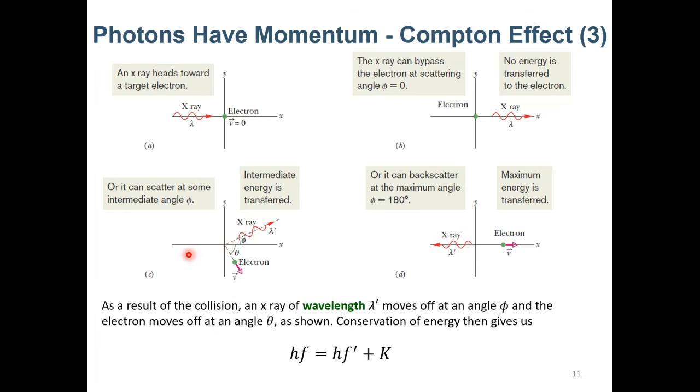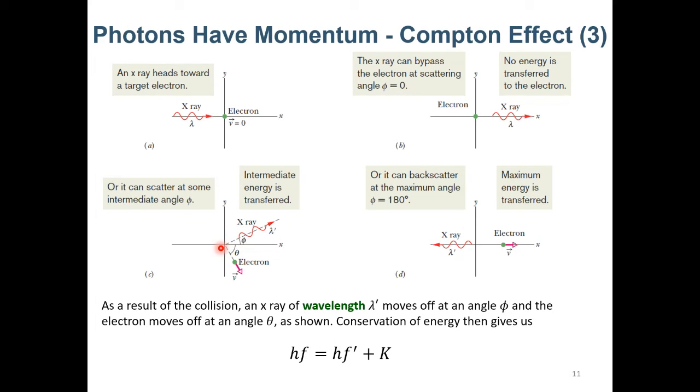But if the wave is scattered at an angle phi, which means that it collides with the electron, then it is really a particle. You need to regard the X-ray as a particle, as a photon, so that it can collide with an electron, although it doesn't really have mass.